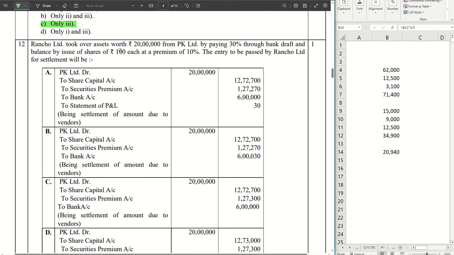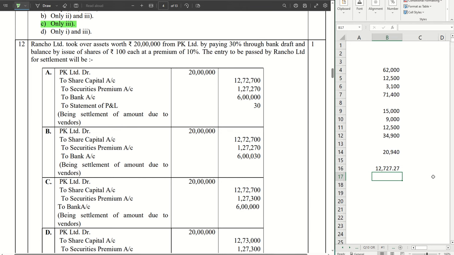Okay, now let's calculate the number of shares that are issued, and the issue price is 110 because there is a premium. Let's do a simple calculation. Purchase consideration, which is 14 lakhs, divided by issue price, which is 110. So we are getting a decimal figure, right? So what we need to do is we will pay off the shares.